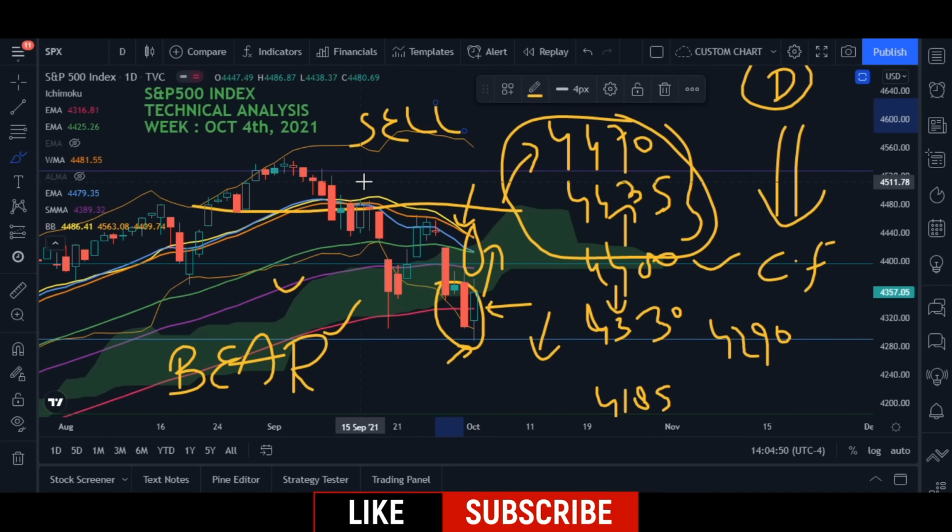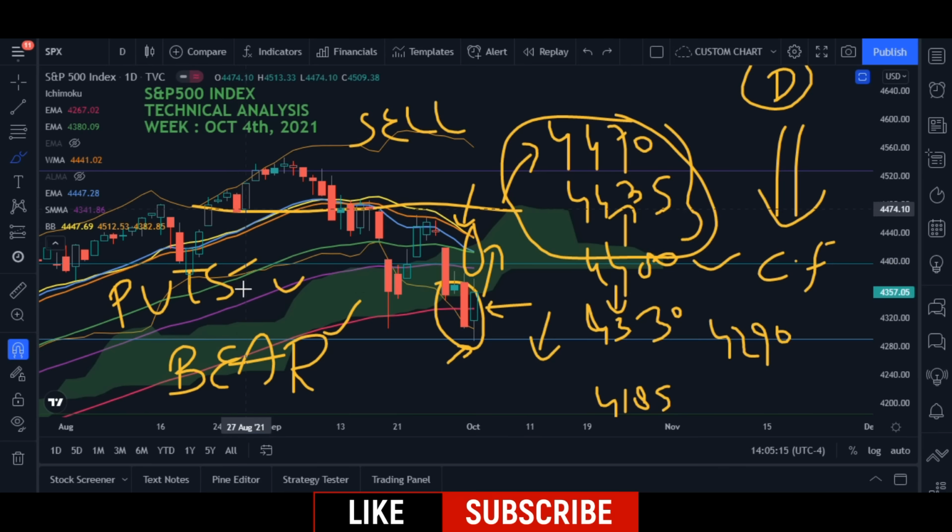But if you're trading in options, you have seen the S&P 500 index gave you 1000% within 1 hour. So if you're trading in options, in that case I will say go for puts. You should buy puts, not sell puts.